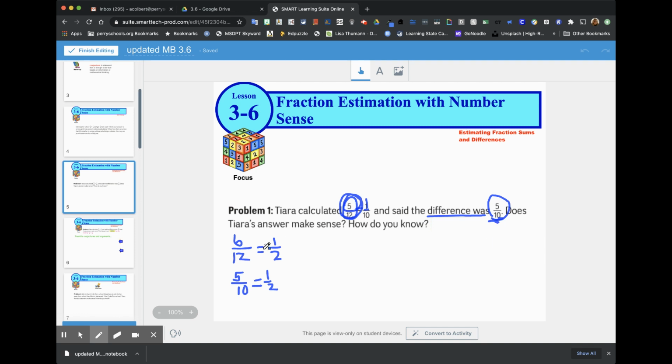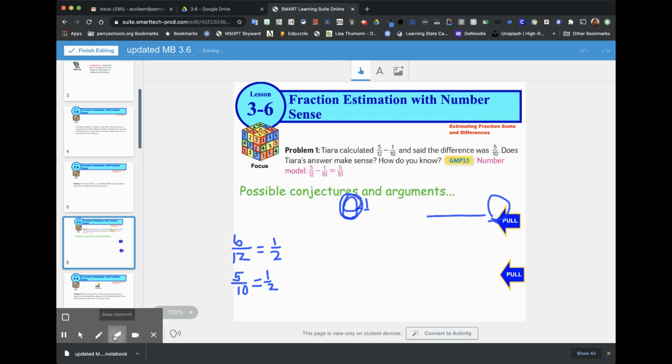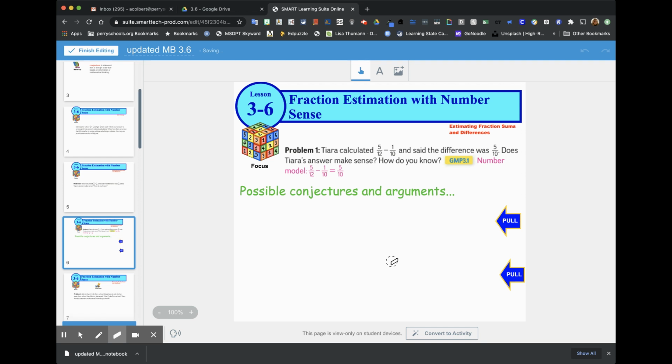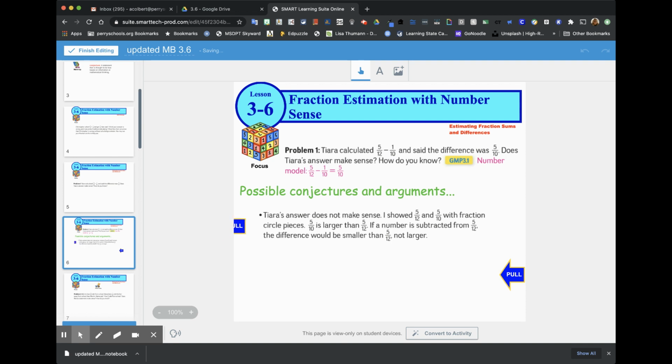Because we see 5/12 is very close to 6/12. So we want to make some conjectures. They did a number model of 5/12 minus 1/10 equals 5/10. That's what they were guessing. Tiara's answer does not make sense.